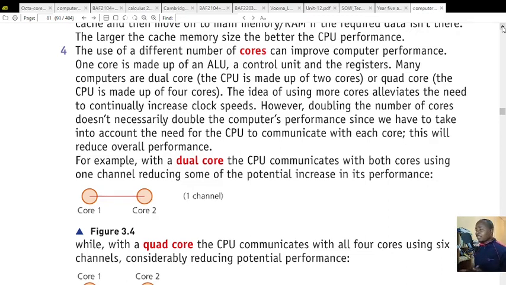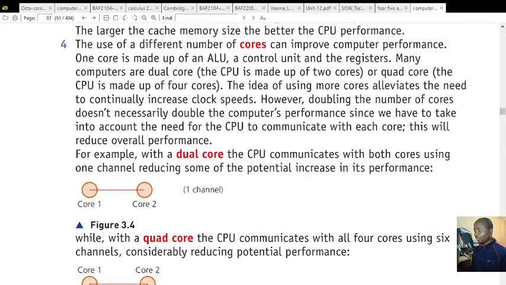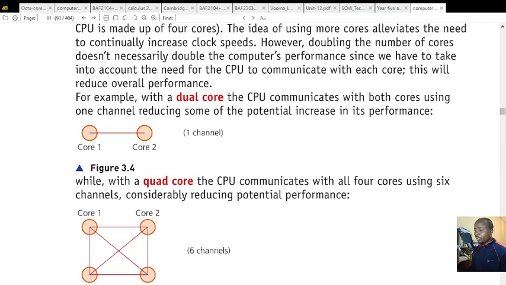So in as much as sometimes there is a cost to the communication between the two cores, there is a way in which current computers have been designed to leverage the whole idea of having more than one core to make the computer performance experience fast and efficient. So it is important to take note of that.